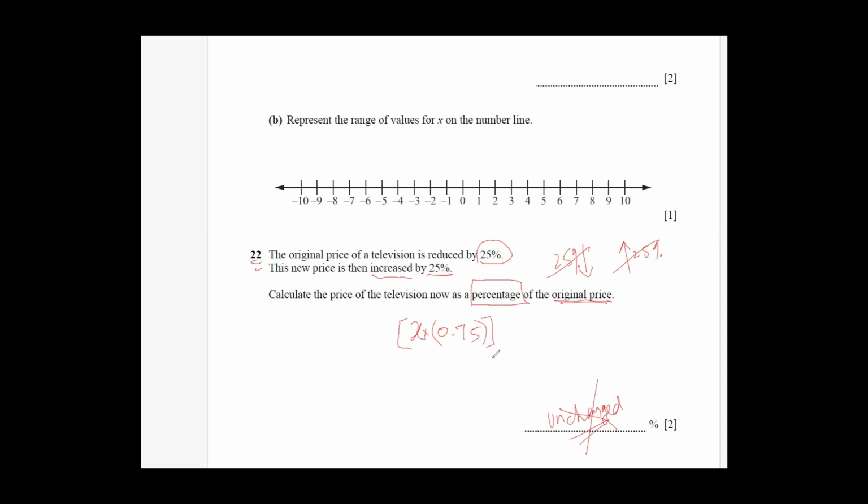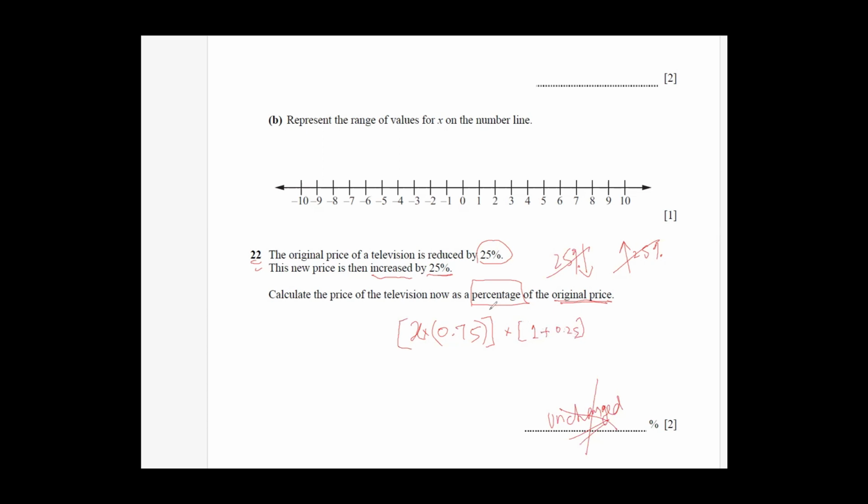When this price is to be increased by 25%, then it would be multiplied by 1 plus 25%, which is 0.25. That means it is to be multiplied by 1.25.